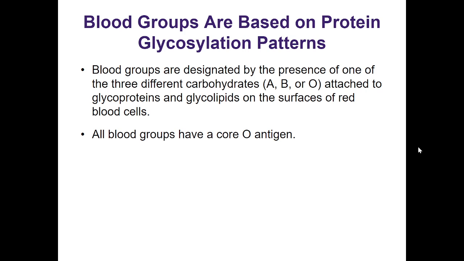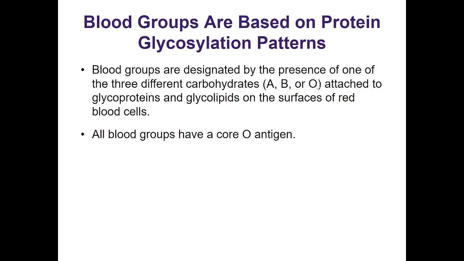The blood groups are going to be based on the protein glycosylation patterns. Again, your blood groups are designated by the presence of one of three different carbohydrates. You'll have A, B, or O attached to the glycoproteins and glycolipids on the surface of your red blood cells. All blood groups have a core O antigen, which is why O is the universal one, right?